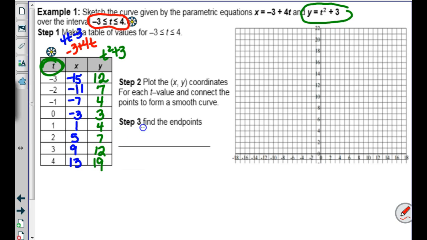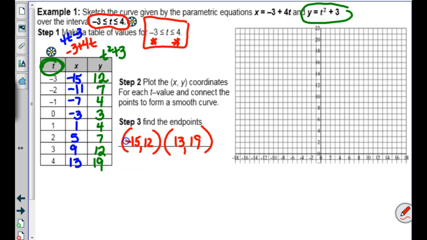The endpoints, this is actually going to have endpoints because t was restricted from here to here. So the endpoints are when t equals -3 and when t equals 4. So what are the x, y ordered pairs we got at the endpoints? Anybody know? Okay?